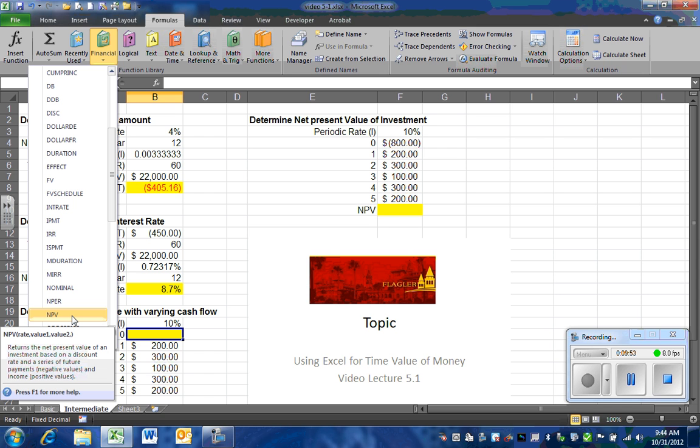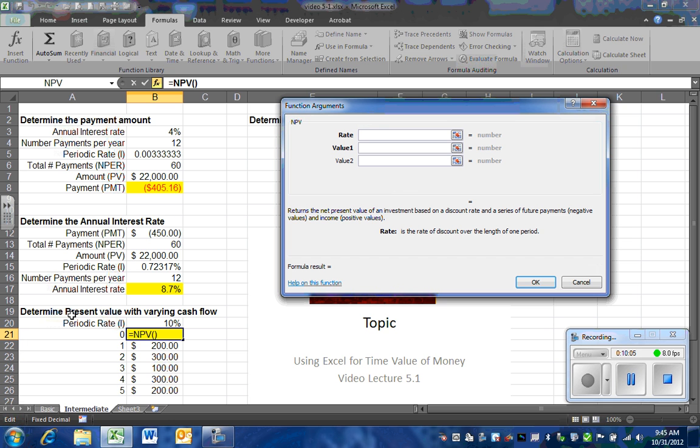This returns a present value where we have unequal cash flows. So this is not an annuity. We can use the NPV to calculate present value. As in all present value calculations, we need to know the interest rate. Here we're going to be using an annual interest rate. These are yearly amounts.